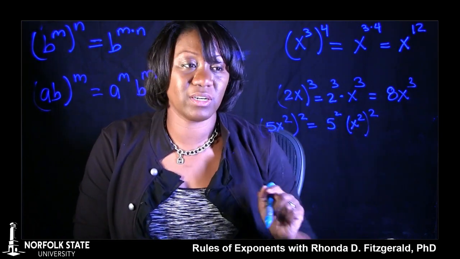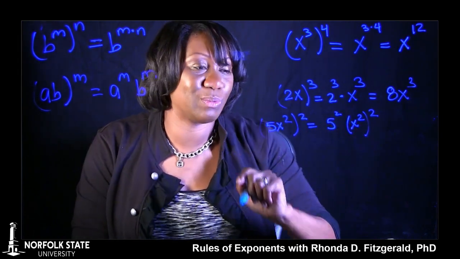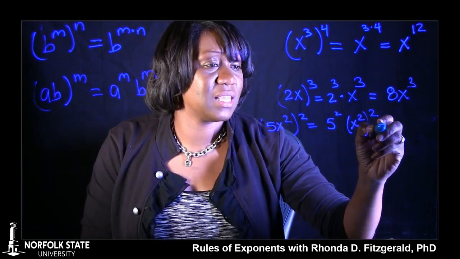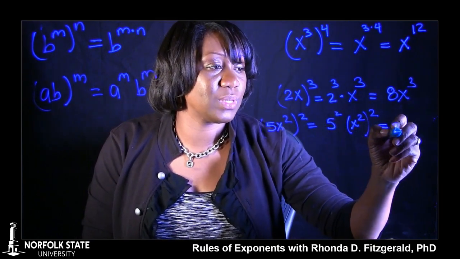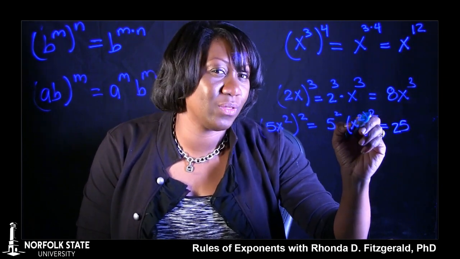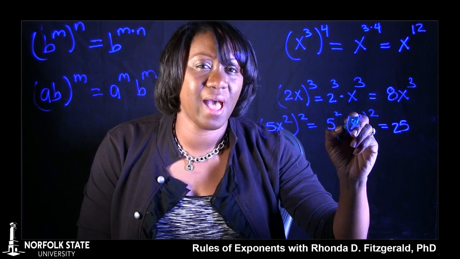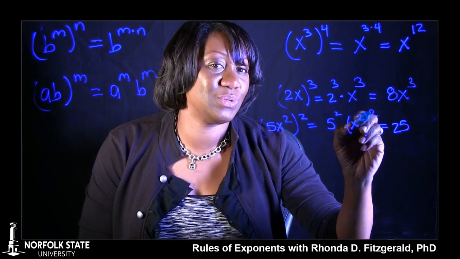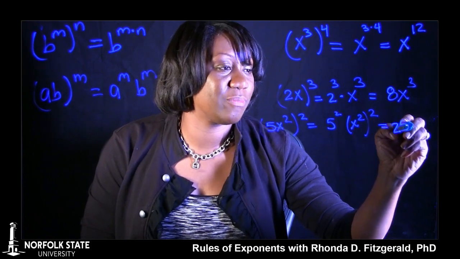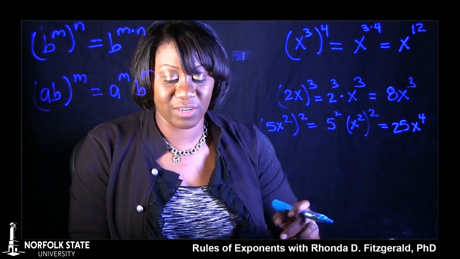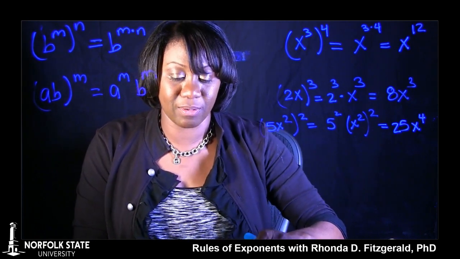So now I have power to a power again, kind of using multiple rules here. But let's go ahead and finish this. This would be 5 squared, which is 25, and x squared raised to the 2nd power. What do you think that would be? Remember, we have to multiply these exponents, correct? So this is going to be x to the 2 times 2, which will give me x to the 4th power as our final result for this particular problem.